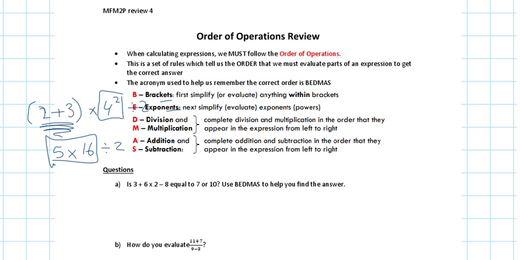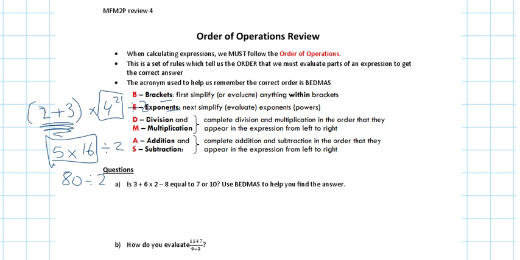I think that's 80. And then do the division, because this is the order of operation. But if that was written differently, if I had the division first and then a multiplication, then you have to do the division first, then the multiplication. Okay?